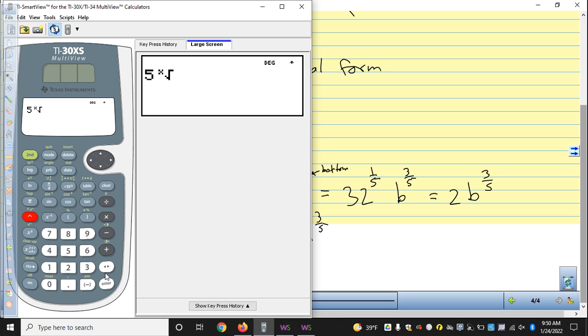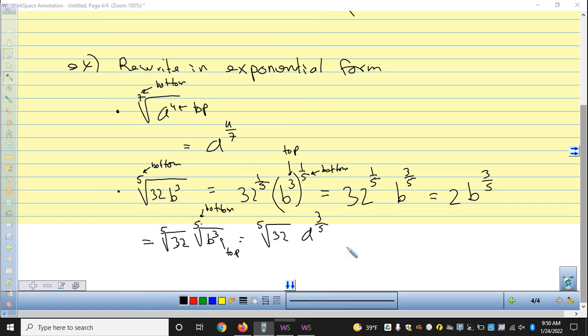There's the 5th root, 32. And the calculator tells me that's 2. So two different ways we can think about this problem.